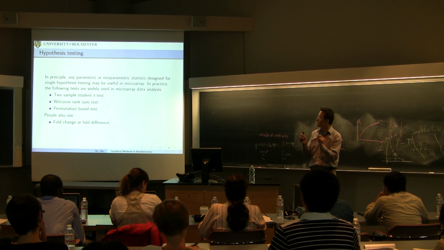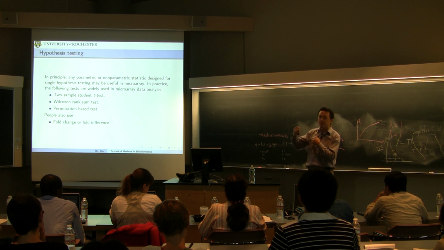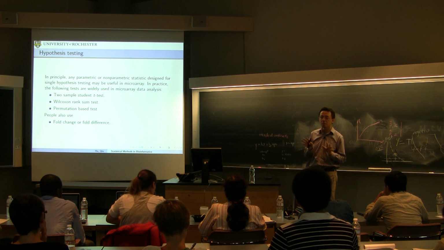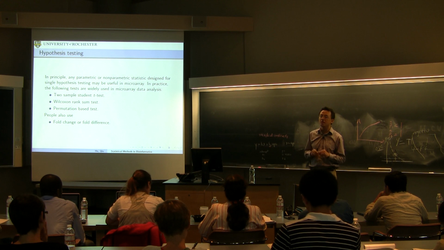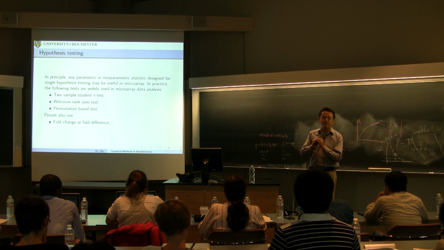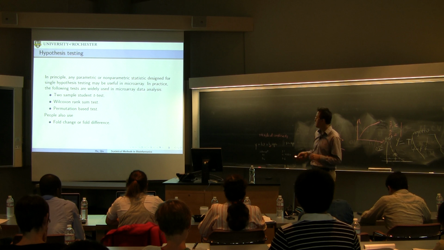Two to the power of this difference gives you the fold change, which is how much they differ. But fold changes do not consider the variance. If you know the so-called signal to noise ratio, it is very important to take the randomness, the noise, the variance into account.